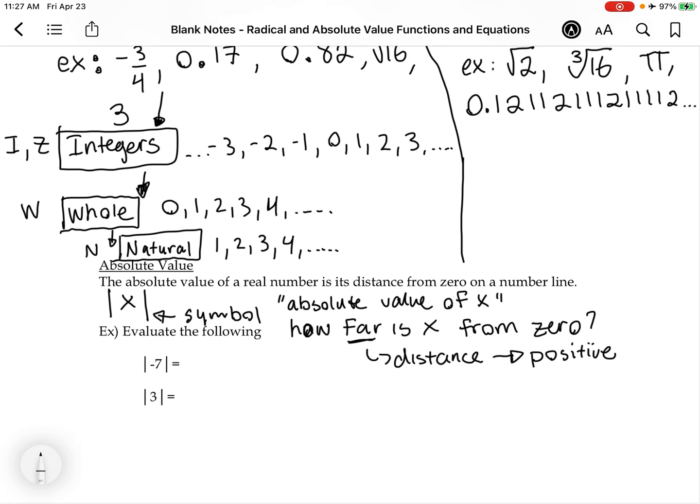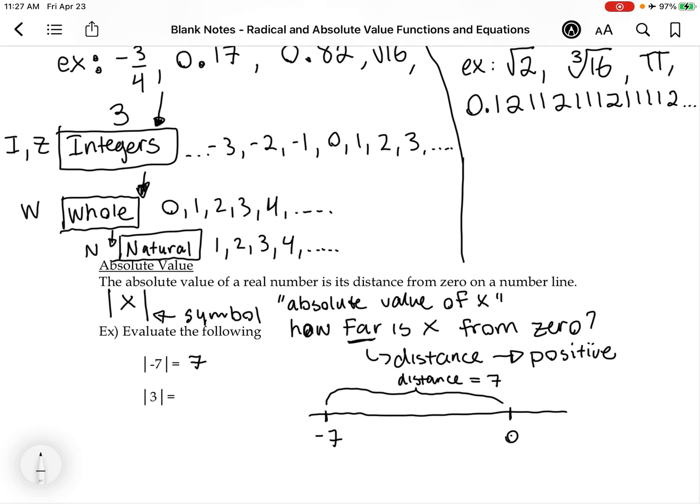Okay, now if we're looking at the absolute value of -7, if we were to draw that on a number line, here is 0, here is -7. The distance between these two numbers is 7. So the absolute value of -7 is 7.